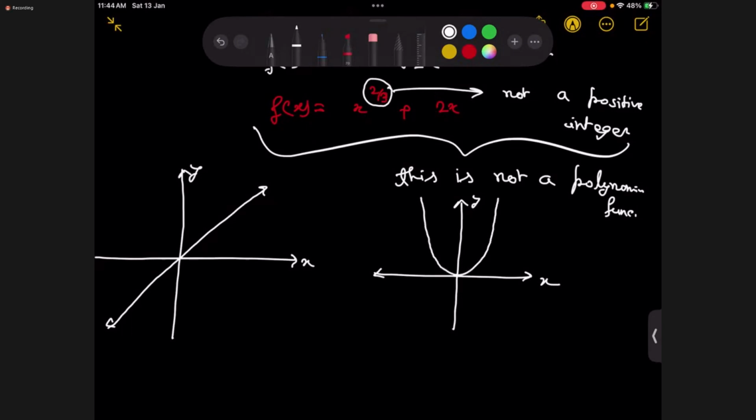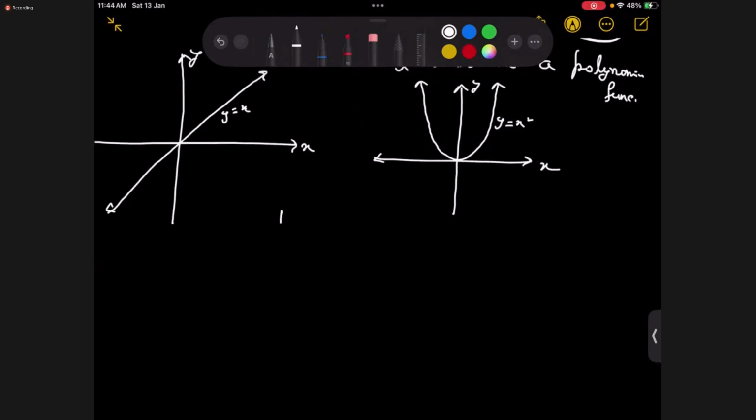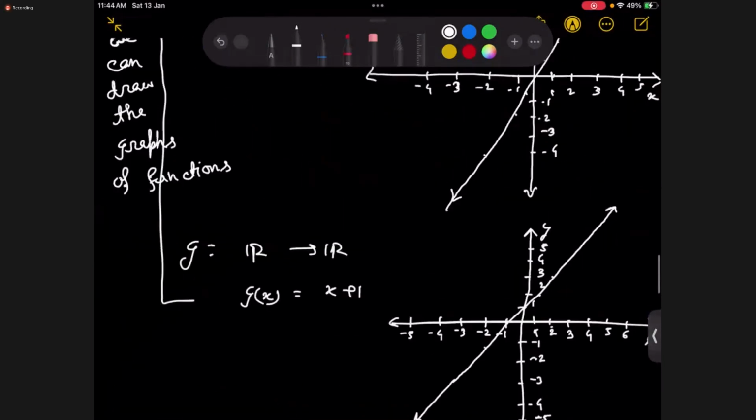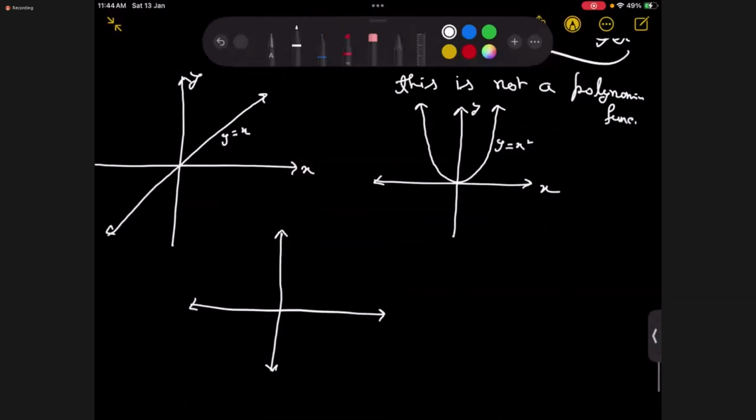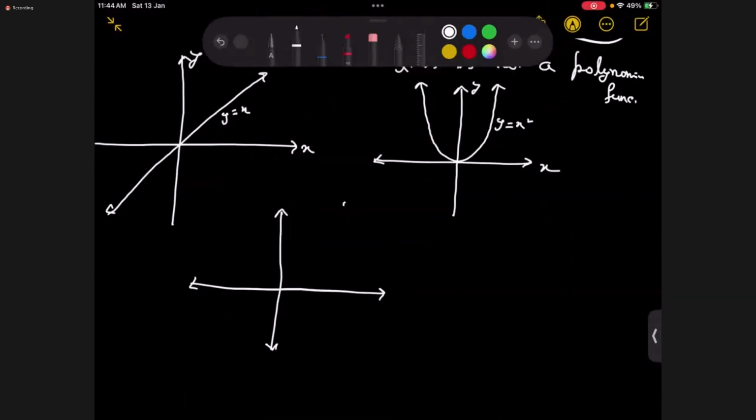This is y equals x, this is y equals x square. You can check these by plotting points, as we have discussed here. This is the function y equals x cube.